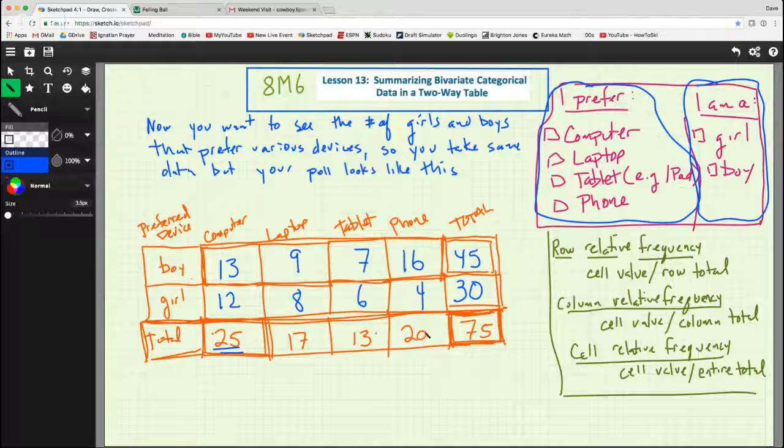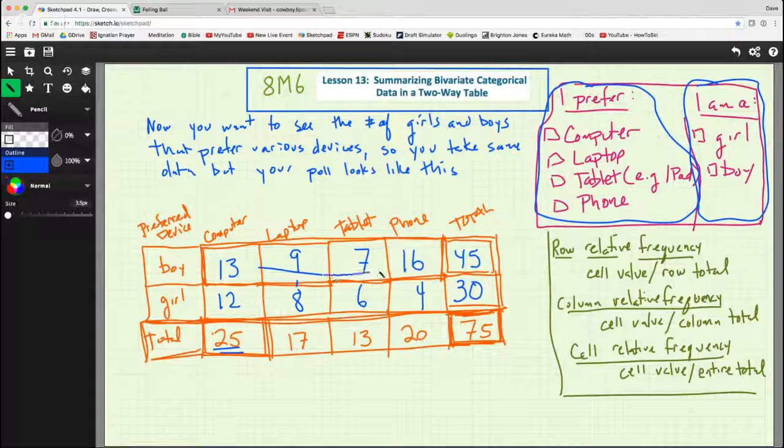But here's my table, and it makes sense. I can add across here and get my 45 boys. I can add down here and get my 17 laptops. I can add down here and get my 13 tablets. I can add down here and get my 20 phones. Okay. So the neat thing is, if you add down columns, you can get the total at the bottom.